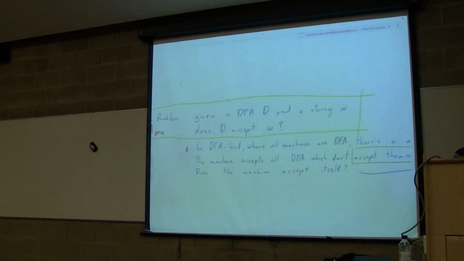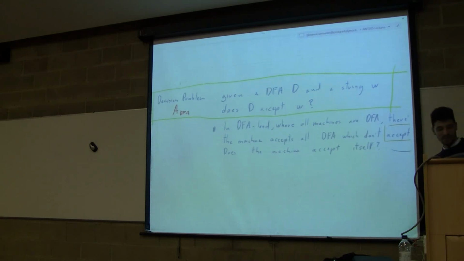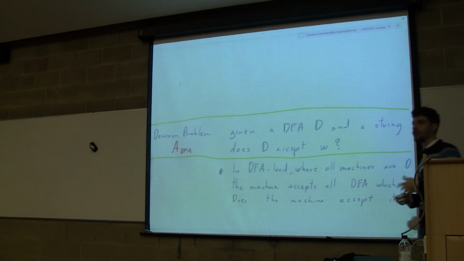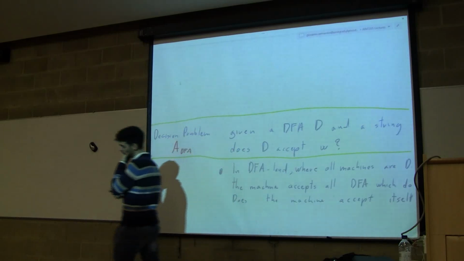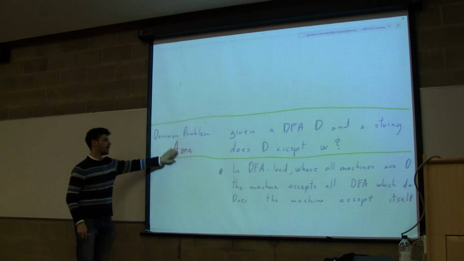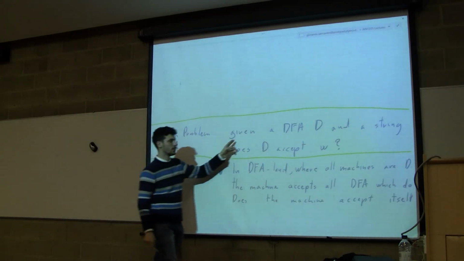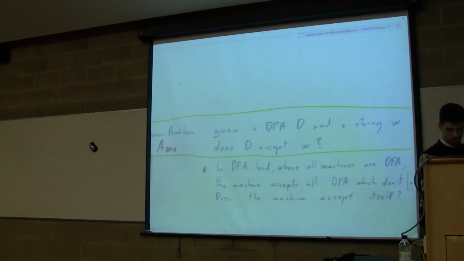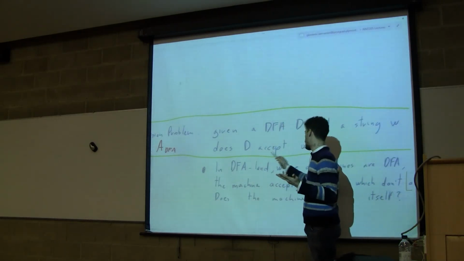Now let's go to DFA land. I give you another decision problem, which is nearer to what we're talking about in this course. We call this decision problem A DFA, accept DFA if you want. So, given a DFA D and a string W, does D accept W?